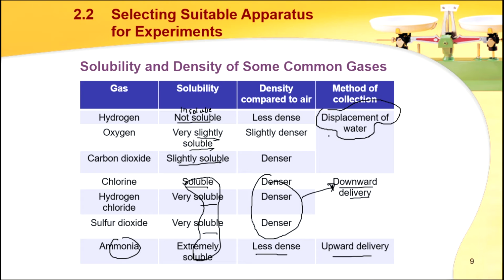And we can use the displacement of water if the gas is insoluble or slightly soluble, such as hydrogen, oxygen, or carbon dioxide. Like chlorine gas, Cl2, we can use the downward delivery.